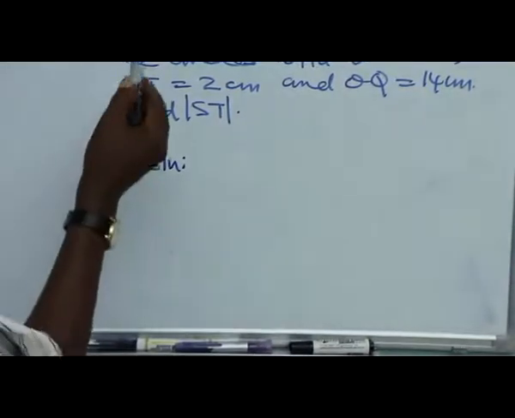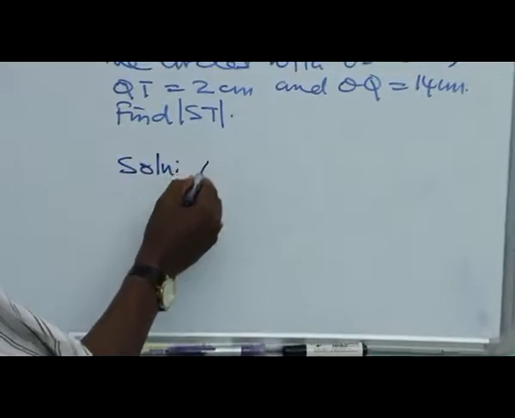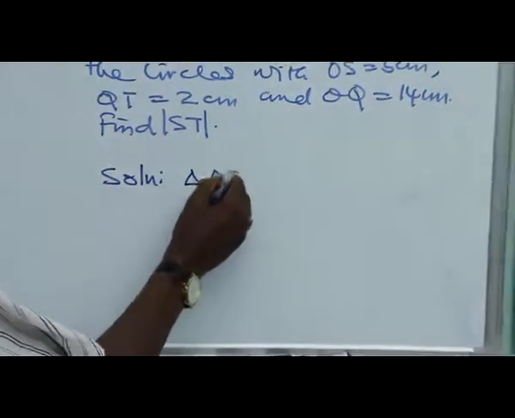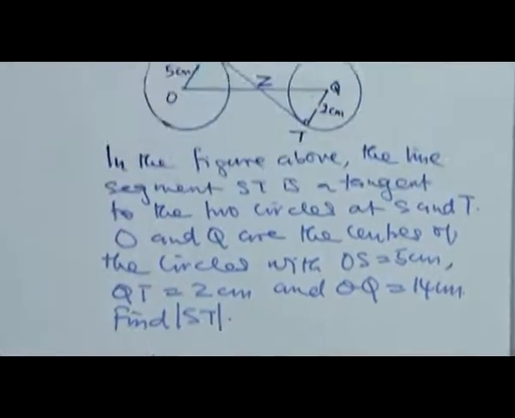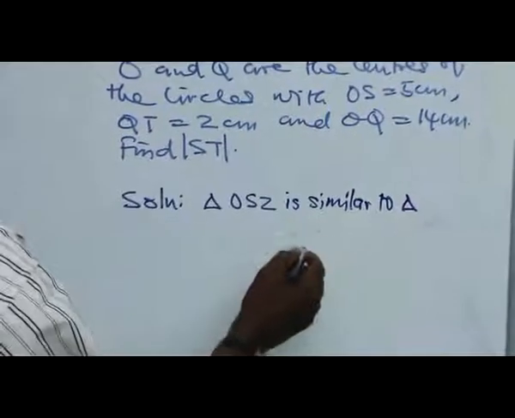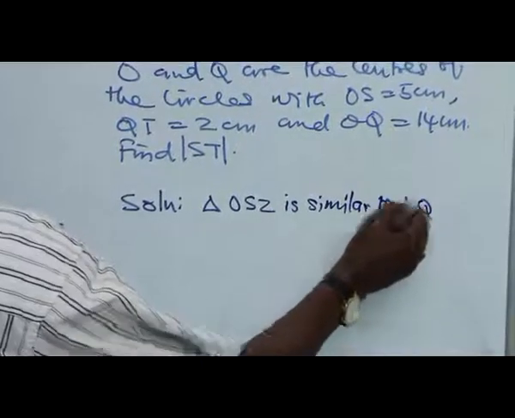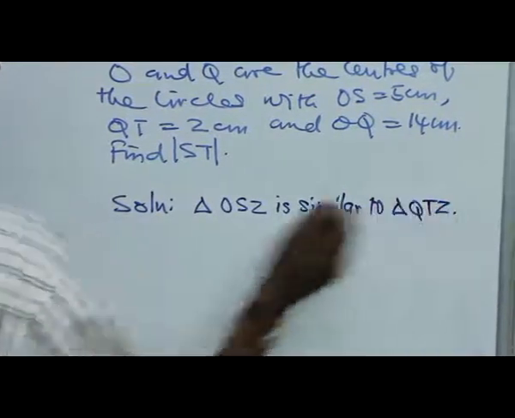First of all, we consider the similar triangles in the figure. We find out that triangle OSZ is similar to triangle QTZ.